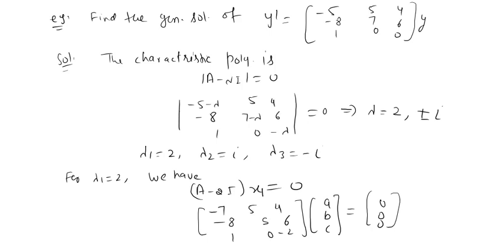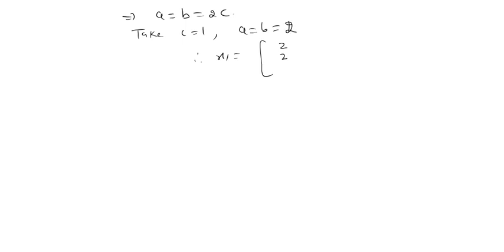Now solve this 3 by 3 system to find a, b, c. From this you get a equal to b equal to 2c. Take c equal to 1, so a and b both are 2. So the eigenvector x1 is (2, 2, 1).